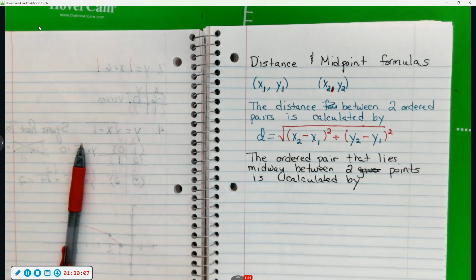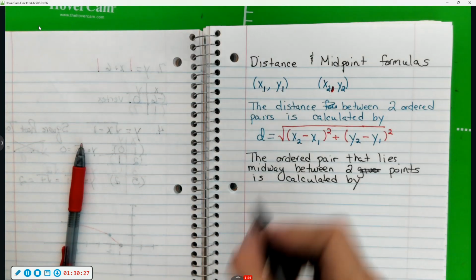If I said, how do you average two numbers? What would you say? How do you average two numbers? Take the two numbers and add them, and then, yeah, if it's just 2, divide by 2. That's how you calculate the midpoint.